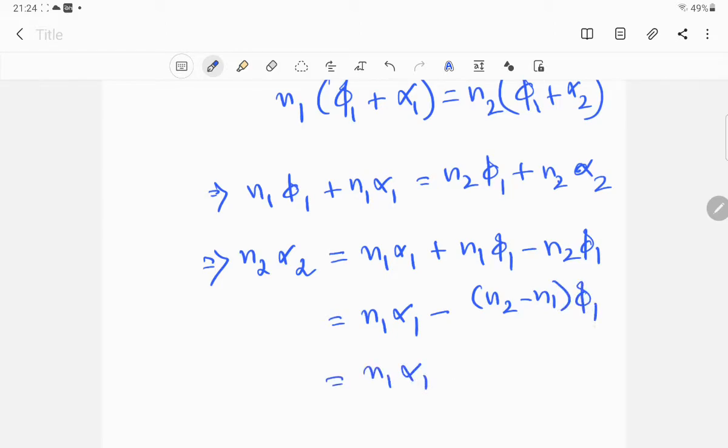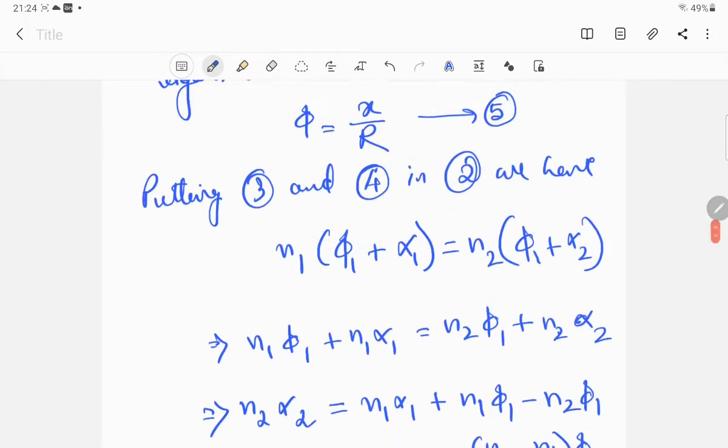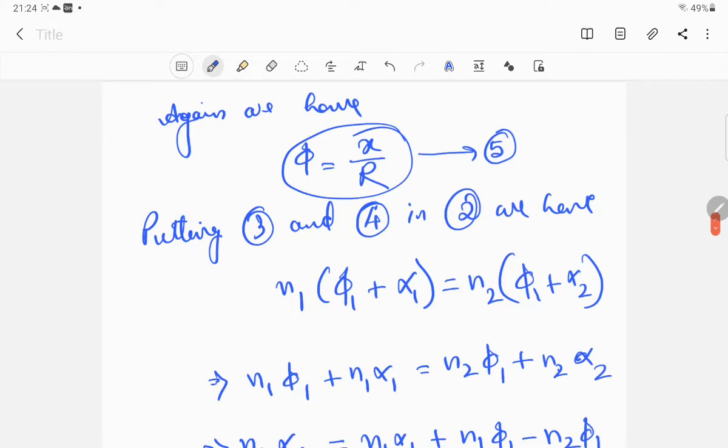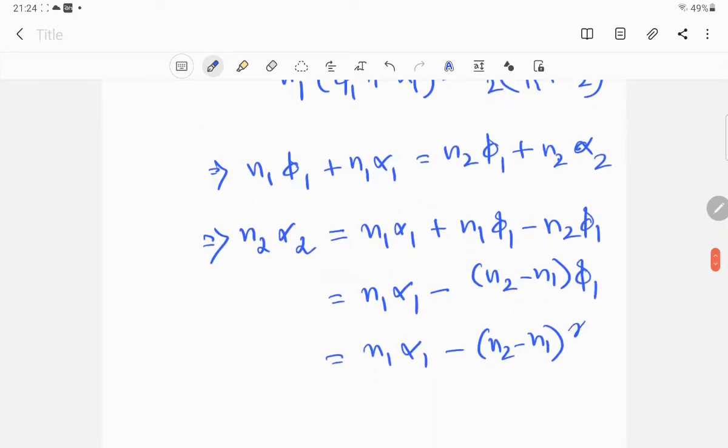So n1 alpha 1, n2 minus n1 phi 1 is nothing but x by r. So it is equal to x by r.